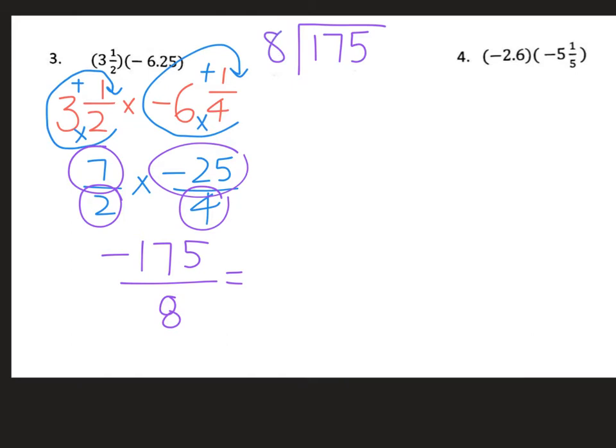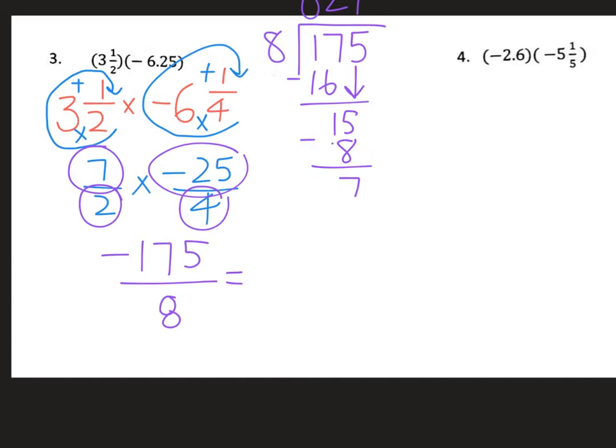Well, 8 goes into 1 0 times. 8 goes into 17 2 times. Bring down our 5. 8 goes into 15 1 time. And we have a remainder. So again, I was working in fractions, so I'm going to leave my answer in fraction form.